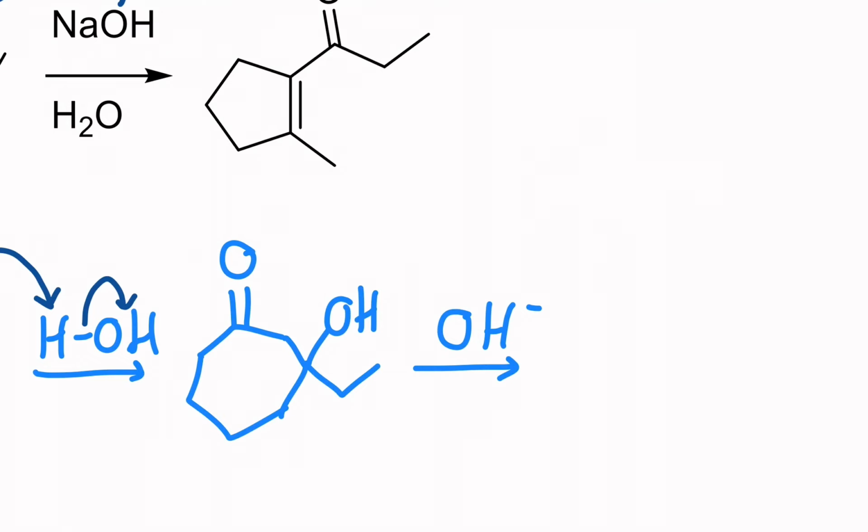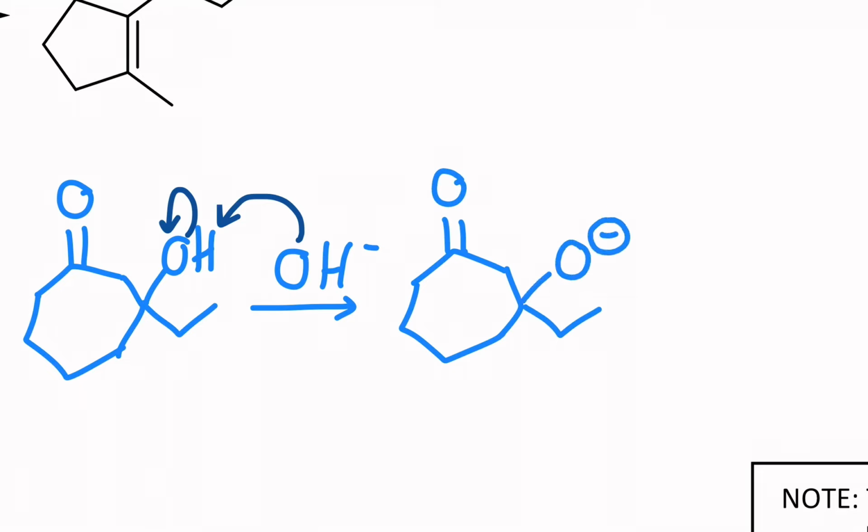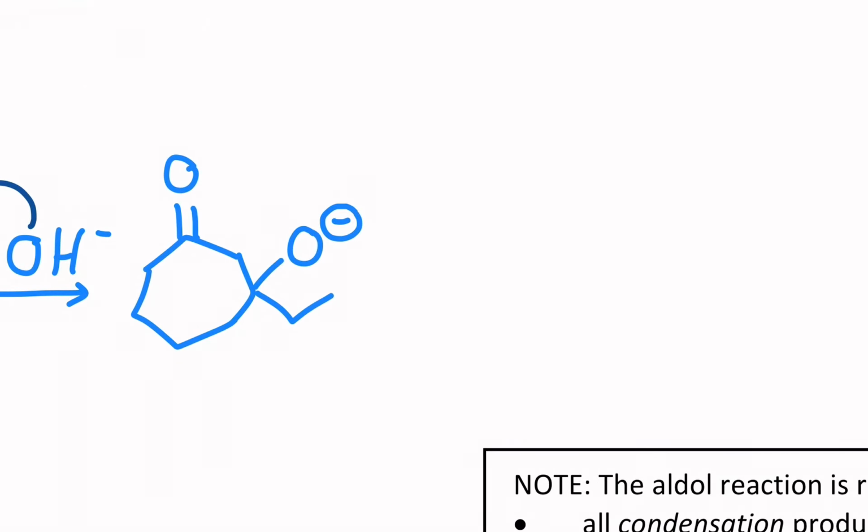So what can hydroxide do? Hydroxide can deprotonate that H on the alcohol, and you get an oxygen anion. We're still doing the retro aldol, and here's the trickiest part, I think, of envisioning the retro.